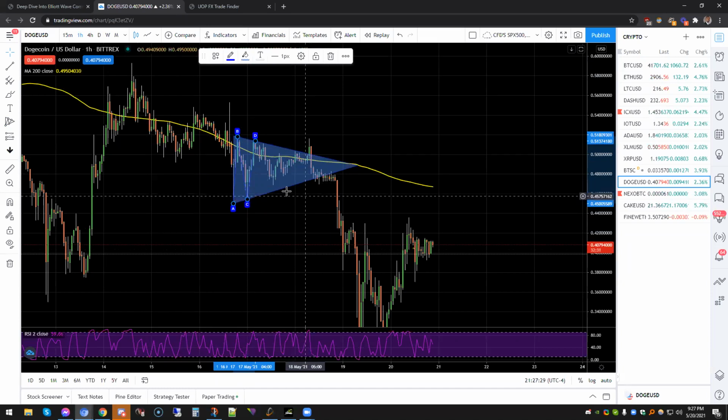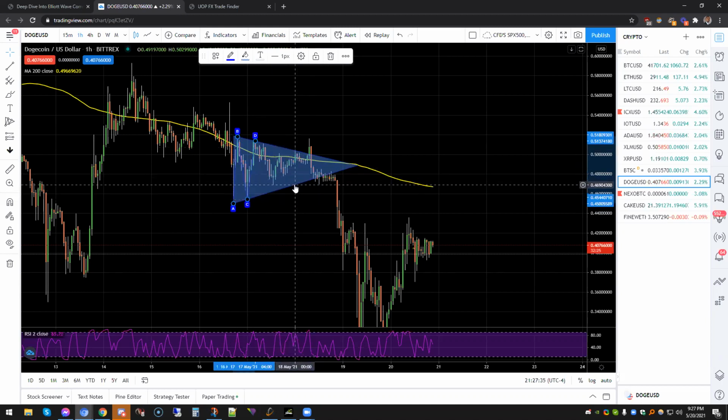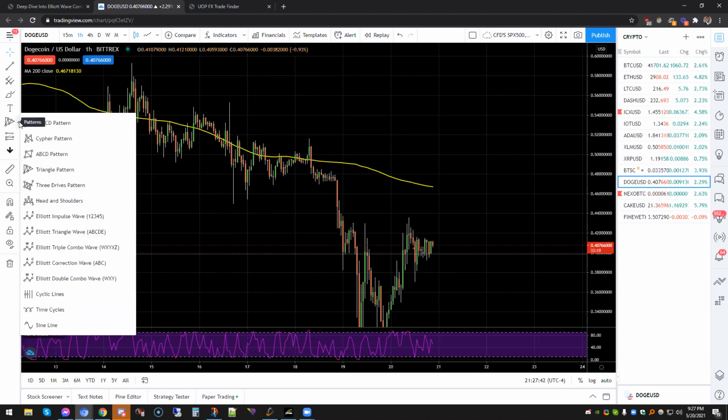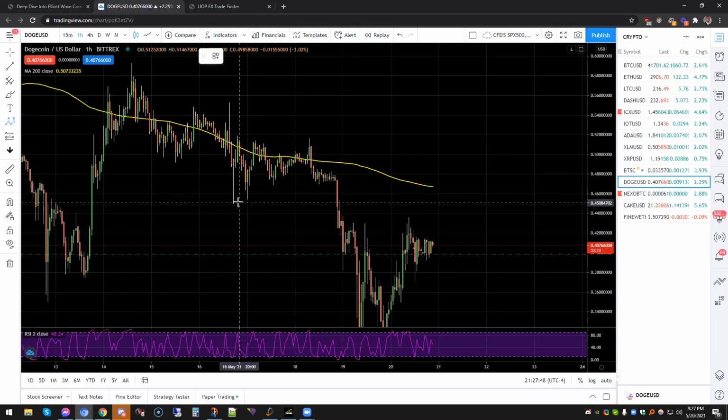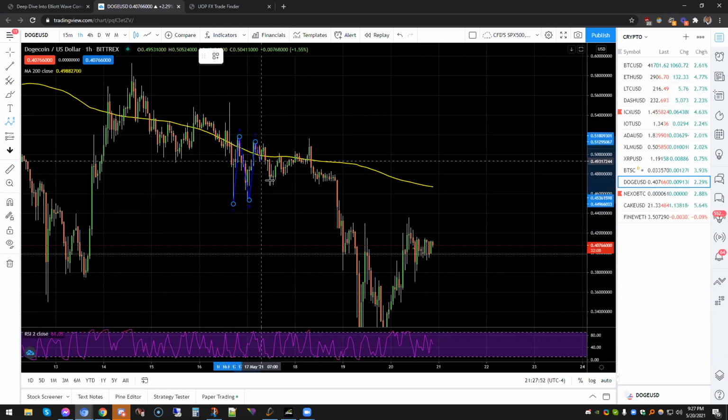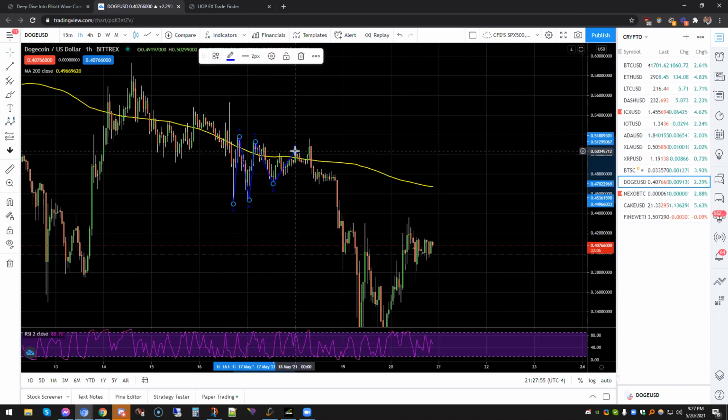Now, in some cases it may not be all that perfect the way in which that tool works. So one of the other tools that I like to use is this one as well. You can use this to label your triangle.